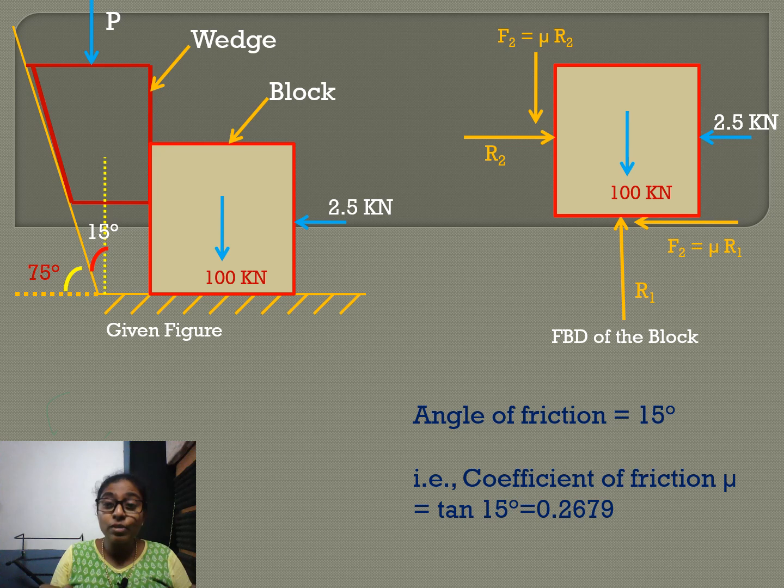So the frictional force experienced by the block will be in the downward direction, that is F2. We take the normal force between the wedge and the block as R2, and the frictional force between the wedge and the block as F2, that is equal to mu into R2.